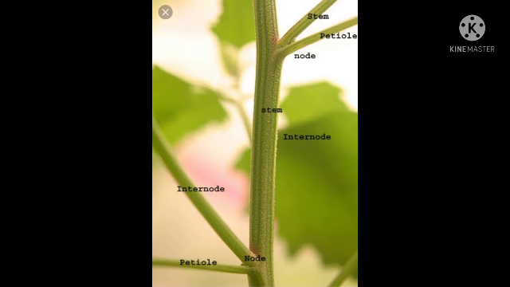The next third one, transport the prepared food from leaves to other parts of the stem. Then last one, store food as in the case of sugar cane.